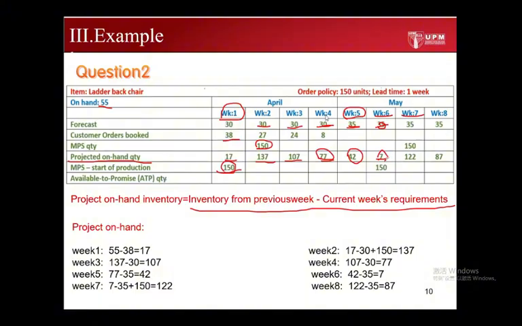So week 7 equals 7 minus 35 plus 150 equals 122. The final week, the projected on hand equals 122 minus 35 equals 87.